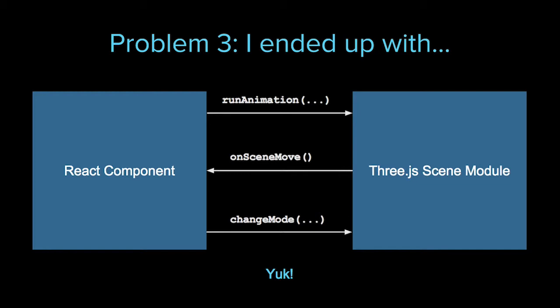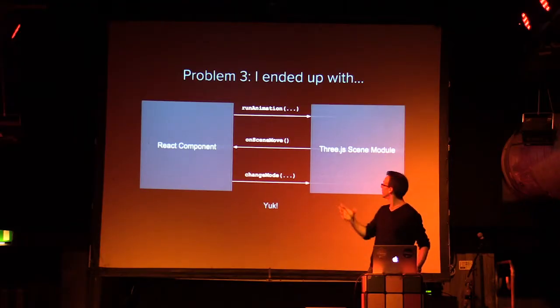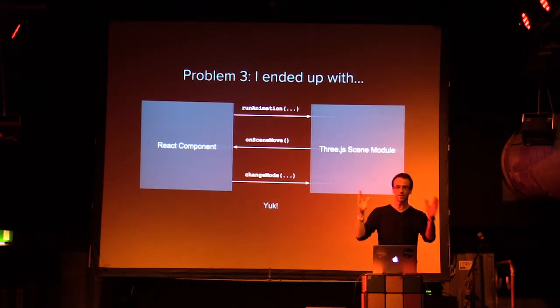Then, I guess a more significant problem than that was just the sort of code mess that I ended up with, really, which was because I had these different communications going on between the React component and the 3GS scene. So the component was calling on the 3GS scene to run animations like it does at the start, where it does a stock animation for you, and to change into different modes.